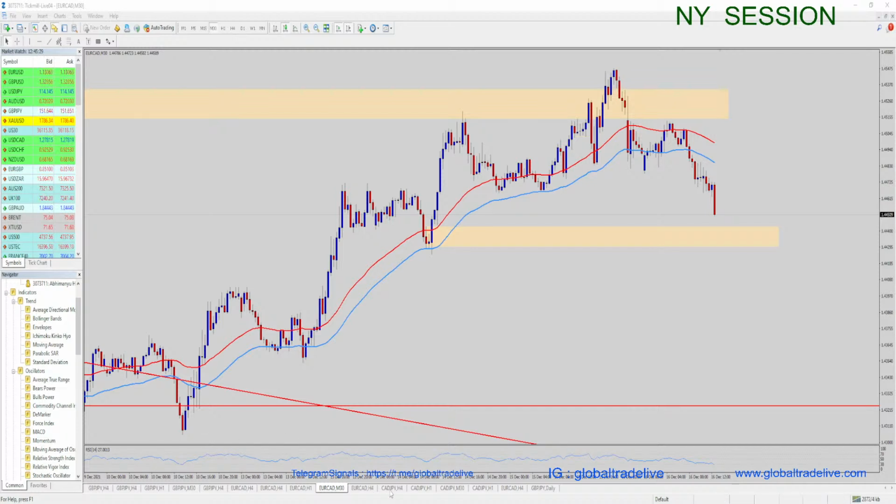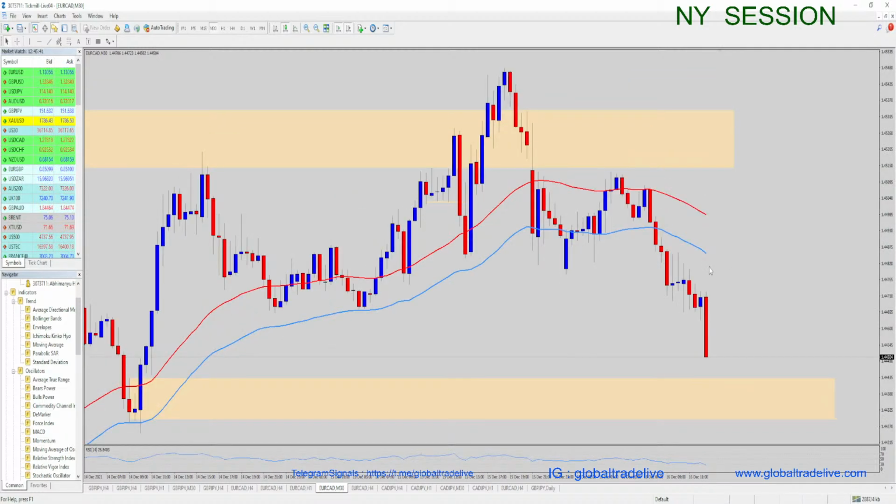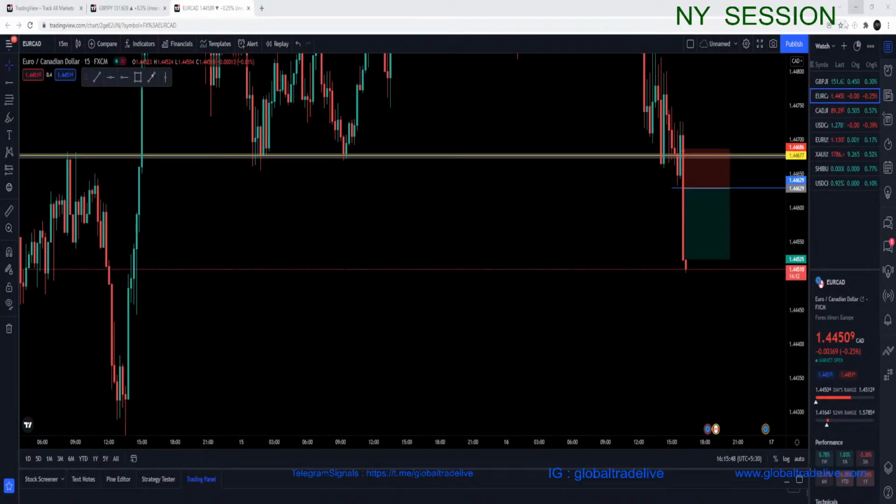Yeah, it should move down from here to this level. So once the market taps this area, I'm going to close everything. My trade is running in 12.5 pips of profit.